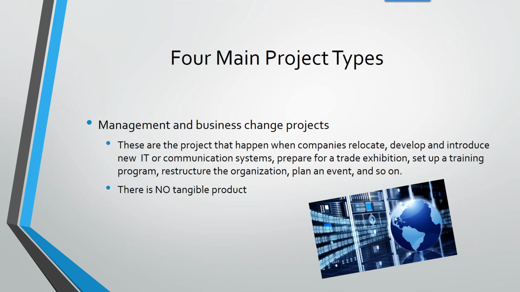So oftentimes there is no tangible product like you would see in our first or second class, right? The outcome is not oftentimes something you can put your hand on and pick up like you could in our first two. The outcome here would be increase in business, better process, whatever the project is going to do.